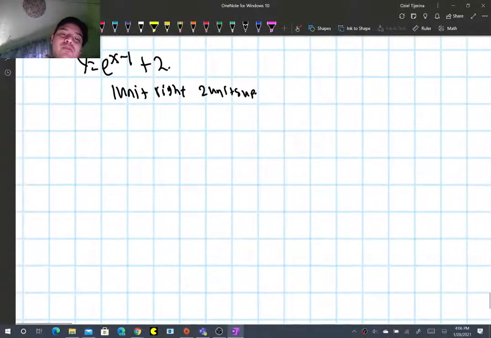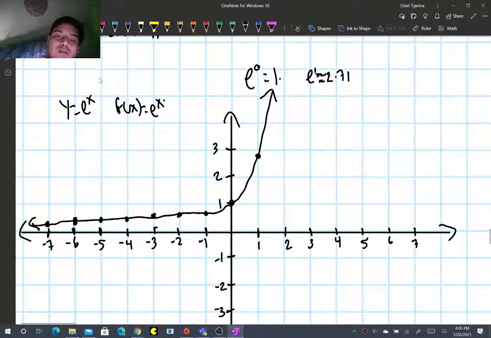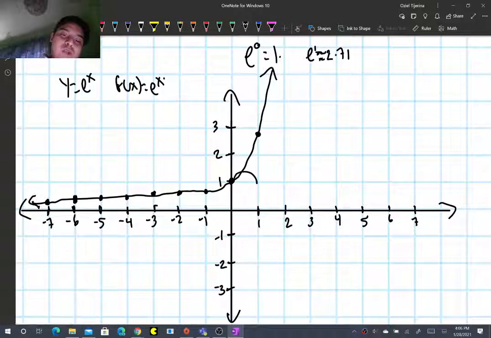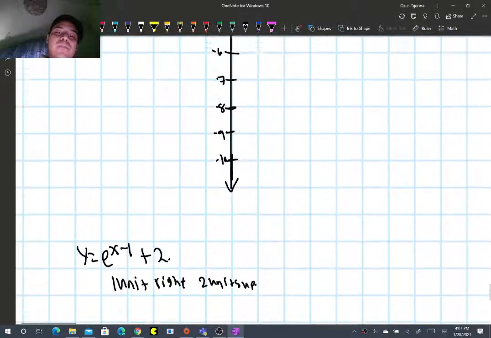So for example, if we have the function y equals e to the x, which we graphed up here, we would just say, well, it's just 1 unit right and 2 units up. So basically, you would go ahead and do a shift of all the points on the function.